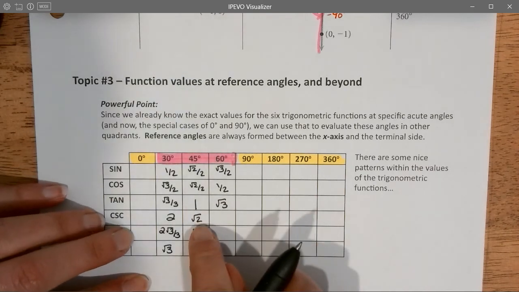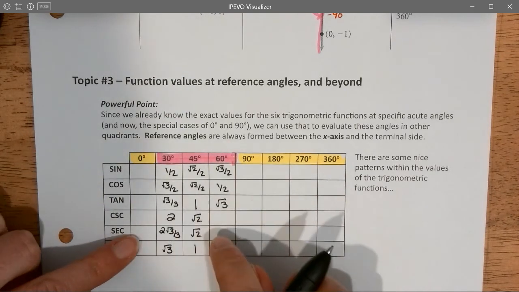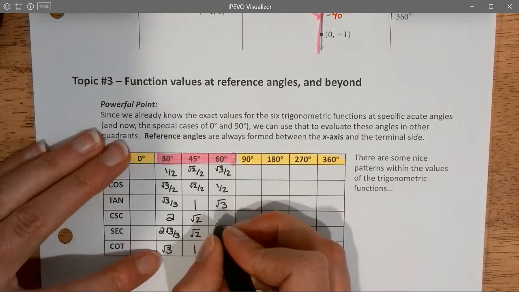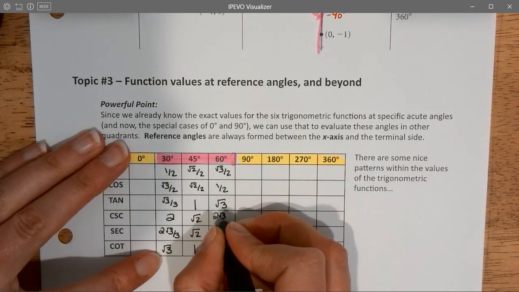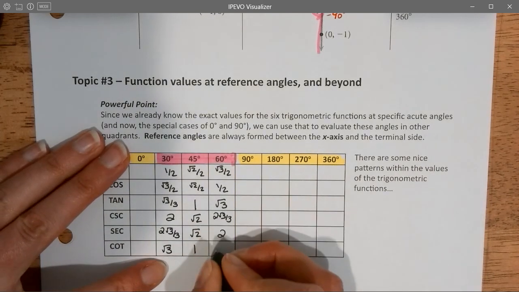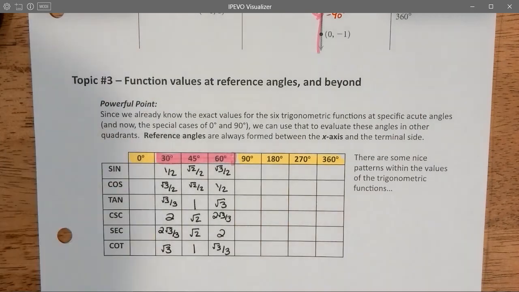Then for cosecant, these are cofunctions, so this is going to be 2 square root of 3 over 3, 2, and square root of 3 over 3. Okay, that table should match exactly the table that we had in our first section of this chapter. Go back and look at it to make sure.